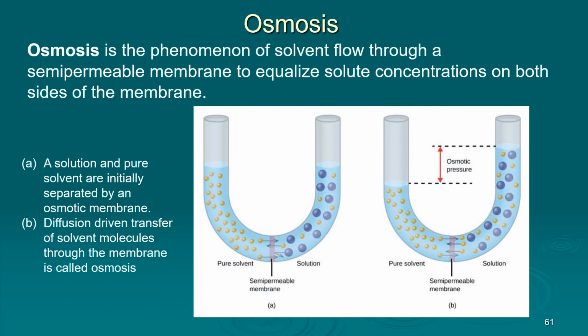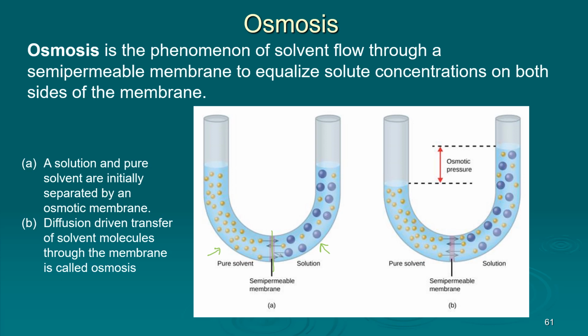So if we have a semi-permeable membrane right here, and notice that here I have pure solvent on this side, and here I have a solution, so maybe some sugar is in the water or something. Well, it's not going to stay like this. Natural disorder will try to dilute this down, because they're not the same.